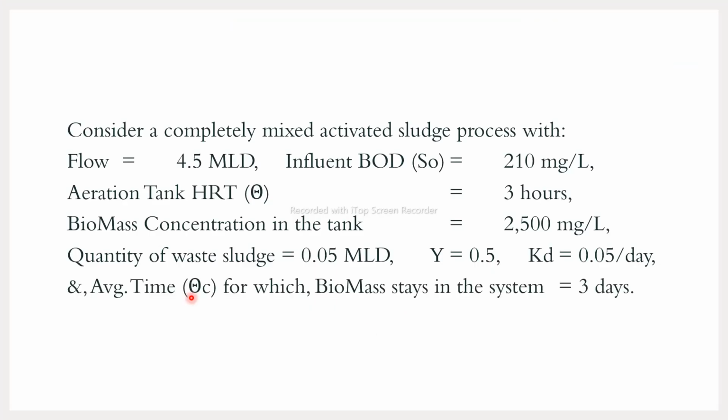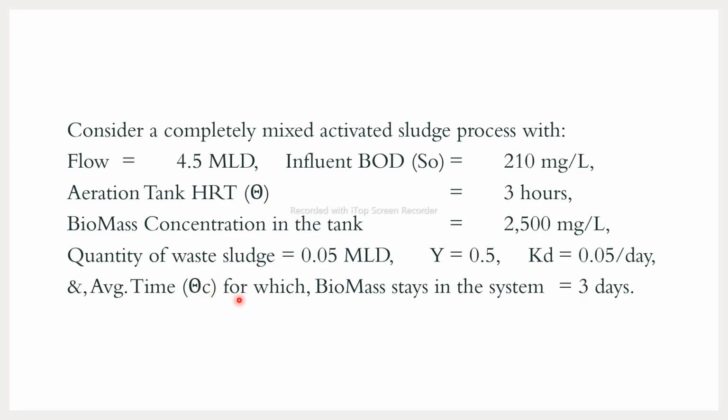So now average time, that is theta c, for which biomass cells stay in the system is 3 days. So why theta c? C is for cell. Theta is your HRT. It is 3 hours, and theta c is the cell retention time.